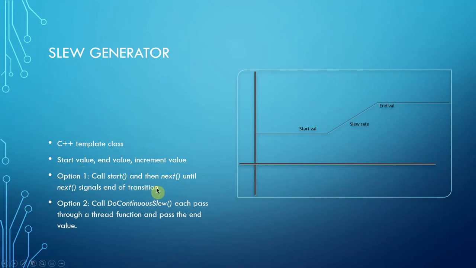And then call next each time through your thread, and next will return the next increment value until you hit the end of the transition, and then the next call will return a value that tells you you've reached the end. Continuous slew is an easier one to use. You just call it every time through your thread with the set point that you want to hit, and it'll automatically return the value that's the next increment value.